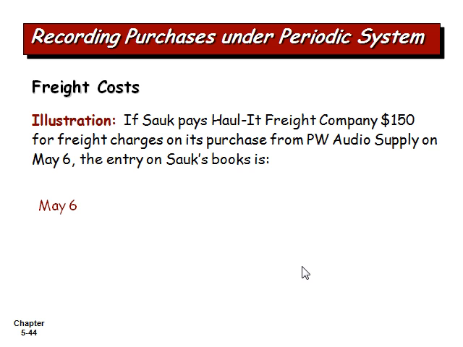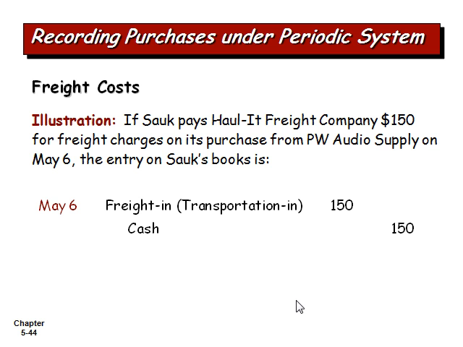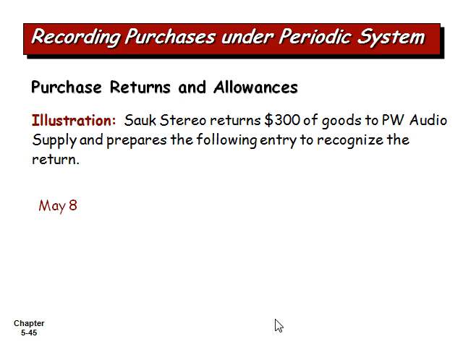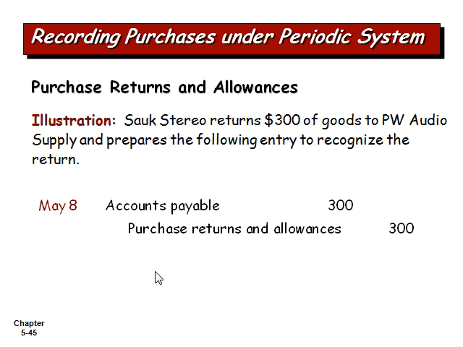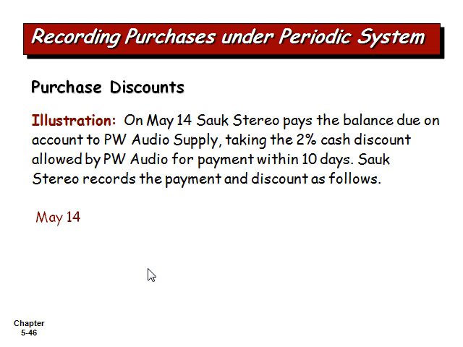If it pays for freight of $150, it debits freight in and credits cash for $150. If it returns $300 of the goods because they were defective, it debits accounts payable $300 to reduce that account payable, and credits purchase returns and allowances for $300.